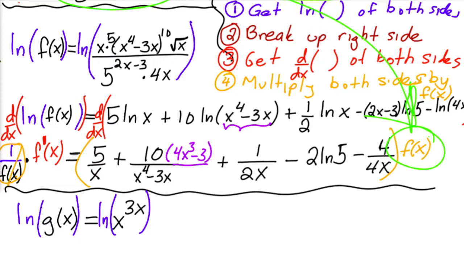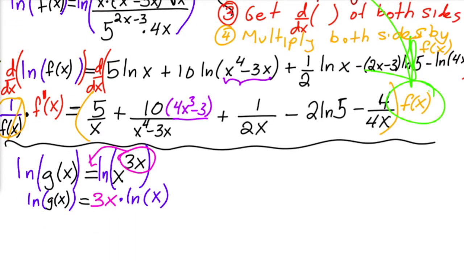Now the left side is going to stay the same, so I'm just going to leave that as natural log of g of x. And then this guy right here, I'm going to break it up now using the laws of logarithms. This guy simply comes down in front as 3x times natural log of x.